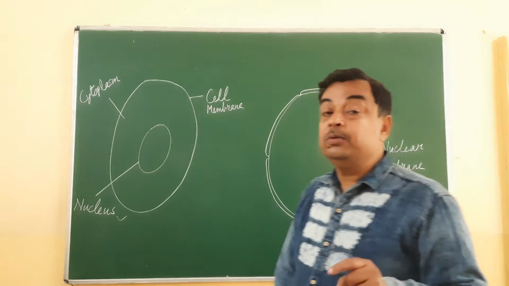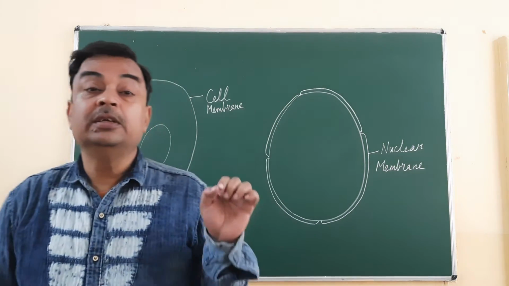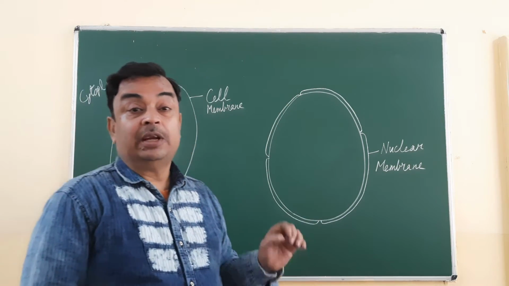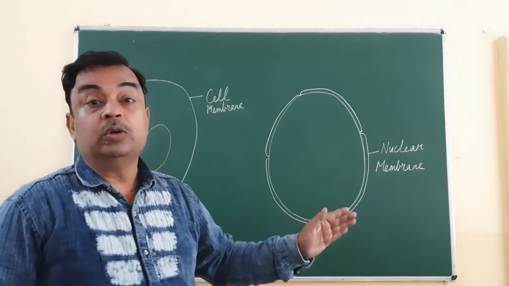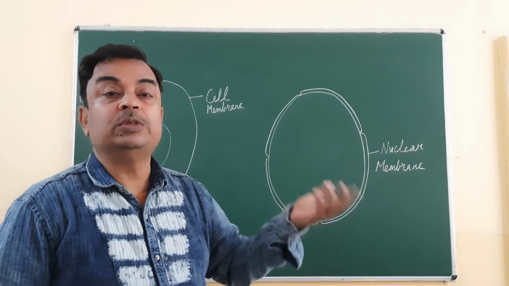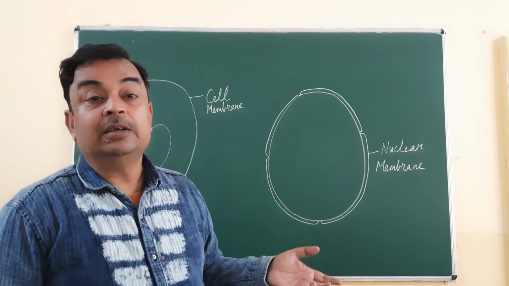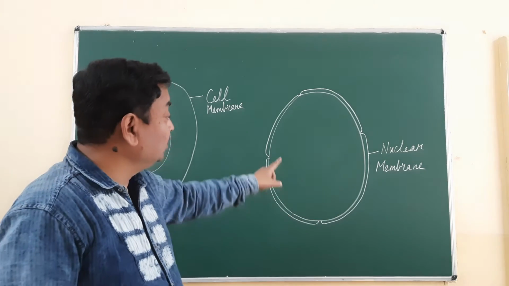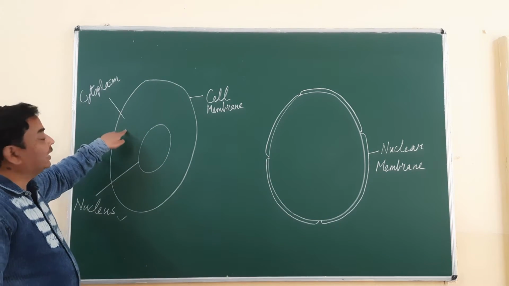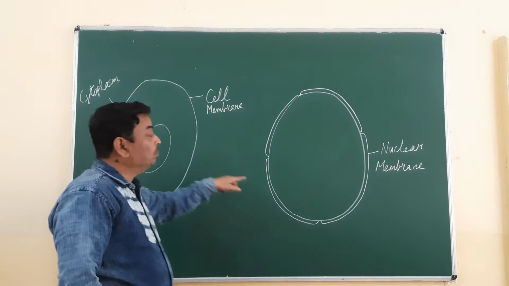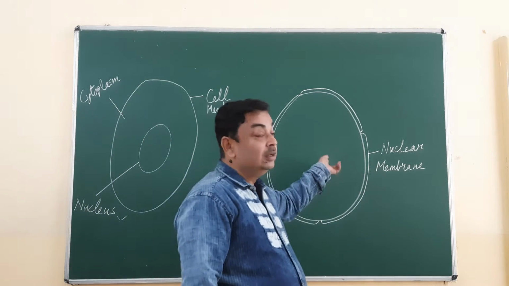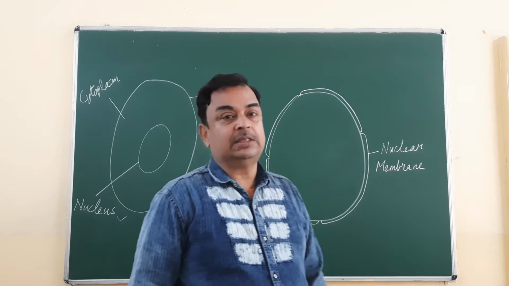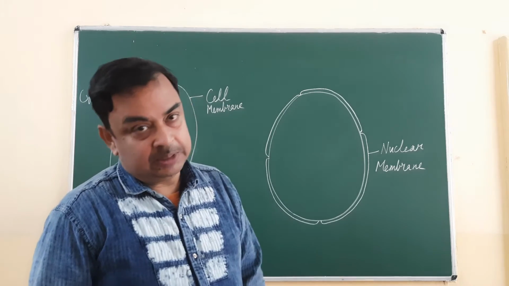It allows certain selective materials, like the plasma membrane, to come inside or go outside the nucleus. And outside the nucleus what is there? Cytoplasm. So between the cytoplasm and the nucleus, this nuclear membrane is present.